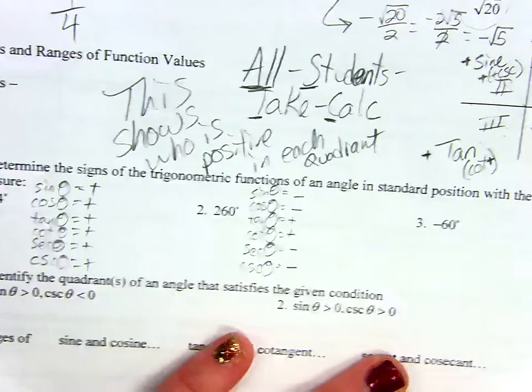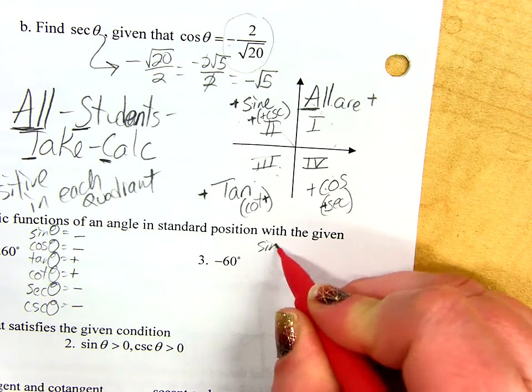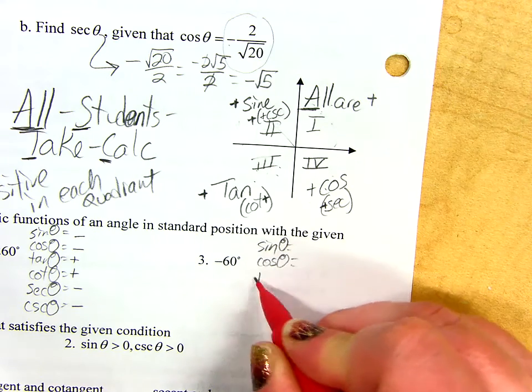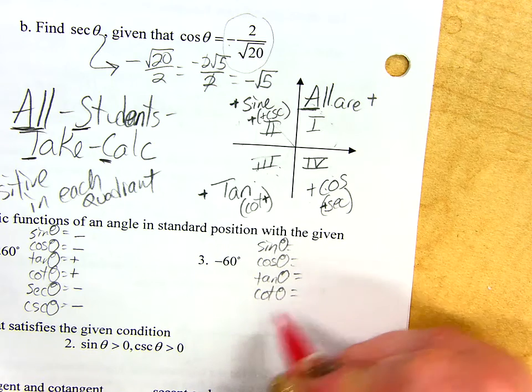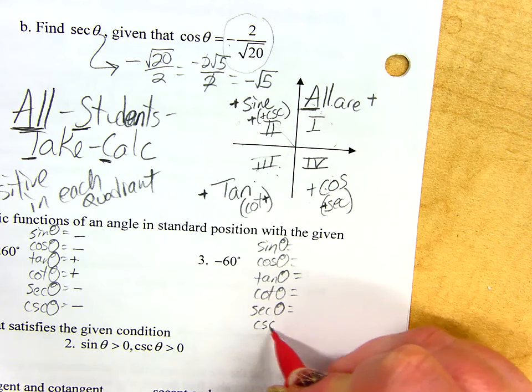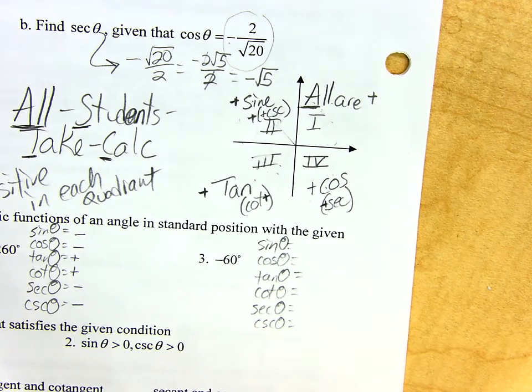How about a negative 60-degree angle? What quadrant does that land you in? Yes, it'd be the fourth.